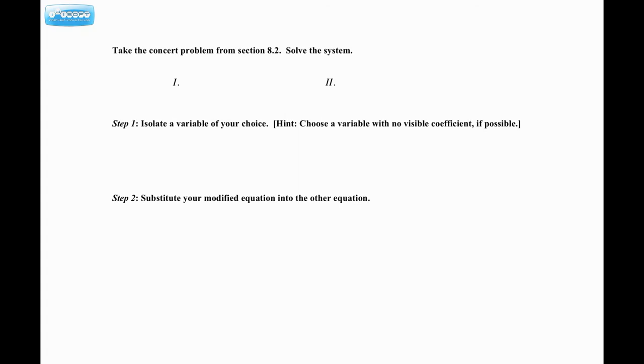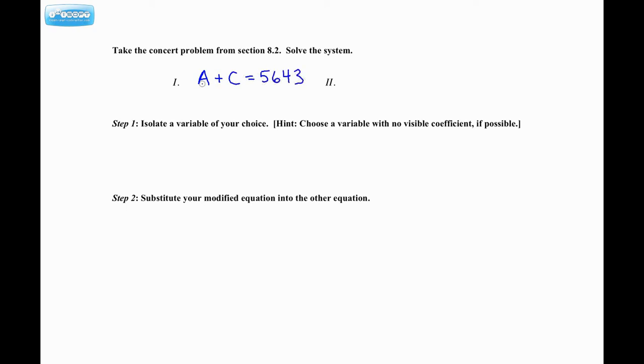All right, let's take the concert problem from Section 8.2, and let's actually solve it using this new method called substitution. That was the one where we had adults and children attending a show, and we modeled the system, but we didn't solve it. So these are the equations we came up with. It was A plus C equals 5,643.